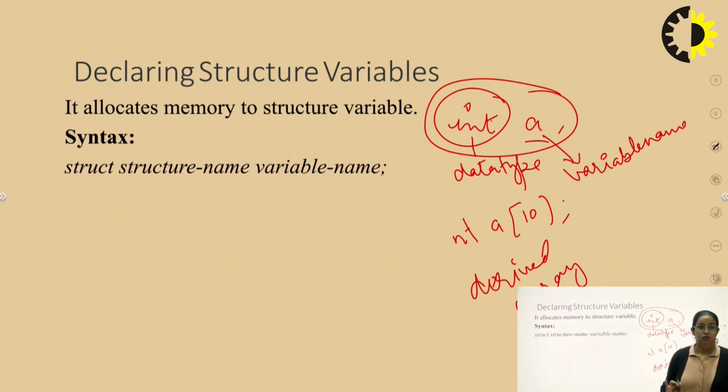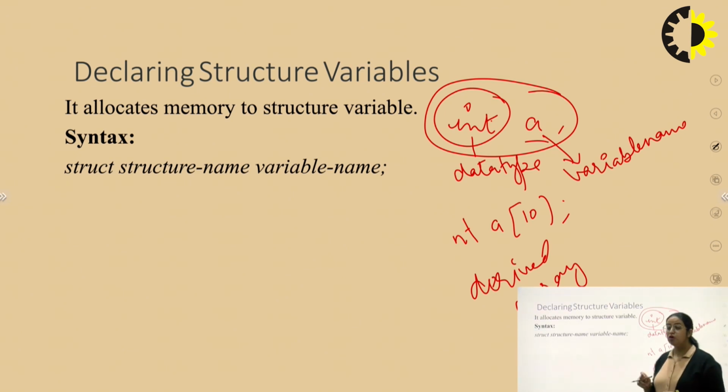Okay. So for allocating memory for a structure variable, what we require, if you compare this with the simple variable like int a, is the two things we need: data type plus variable name. Same thing in a structure variable, we need the same two fields, that is your data type and the variable name.